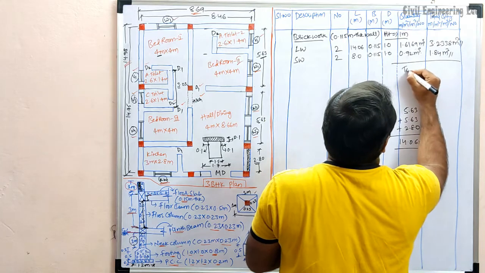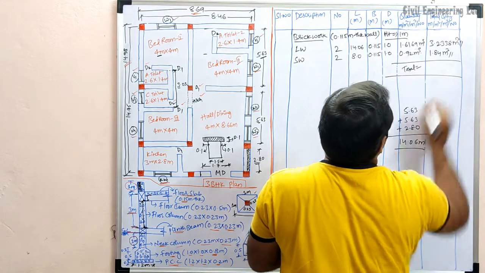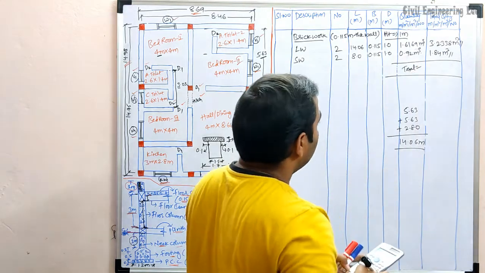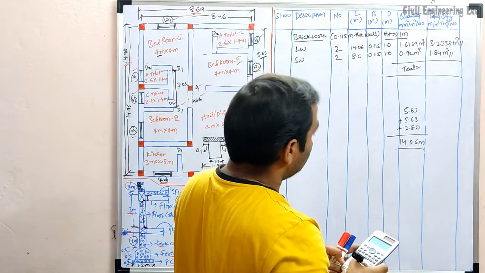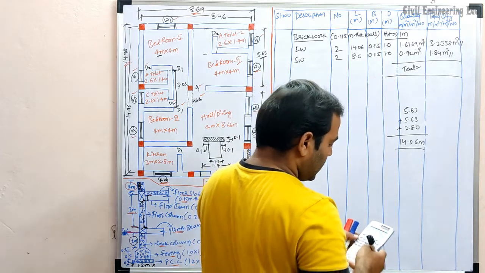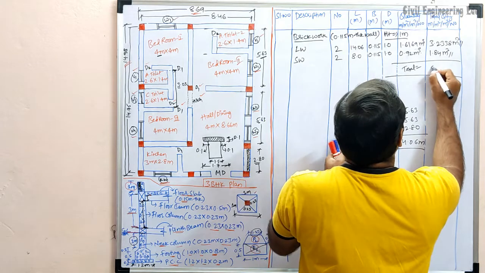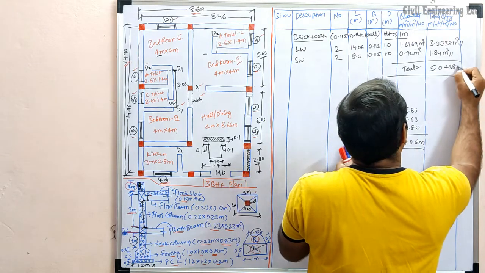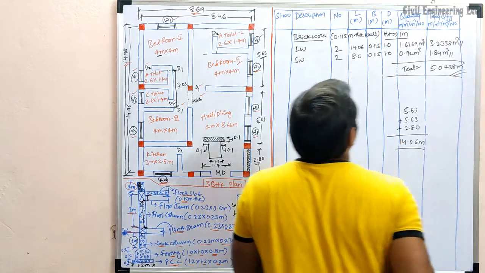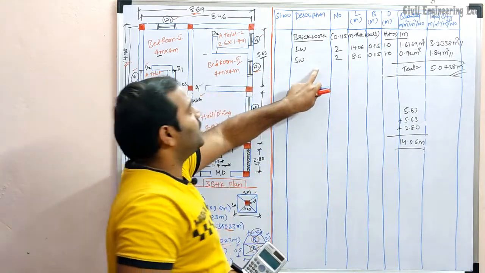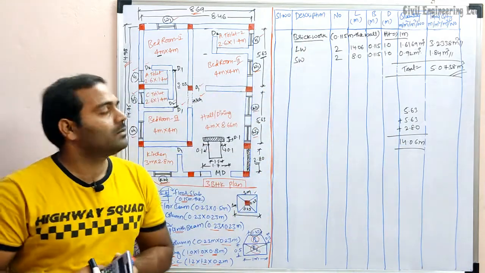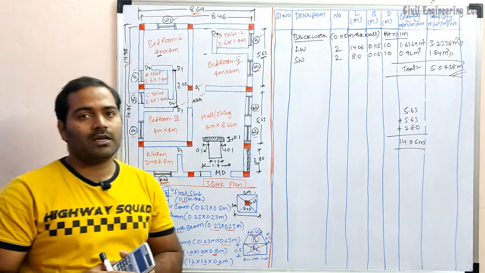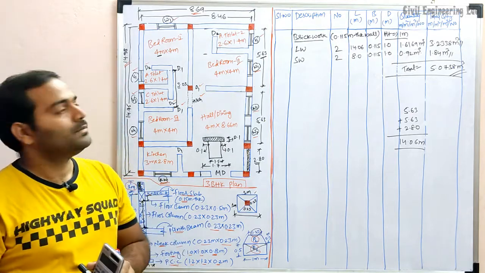So what is the total? So 1.84 plus 3.2338, 5.0738 meter cube. So this is the total quantity of brickwork required for parapet wall.